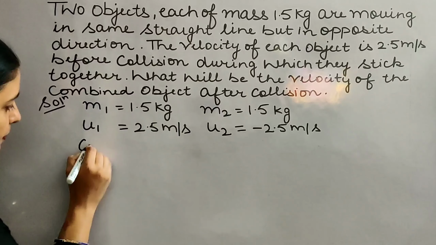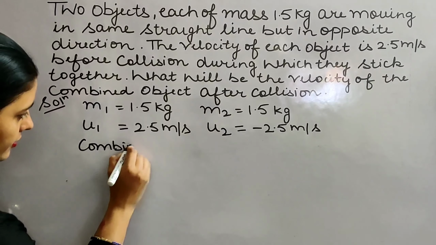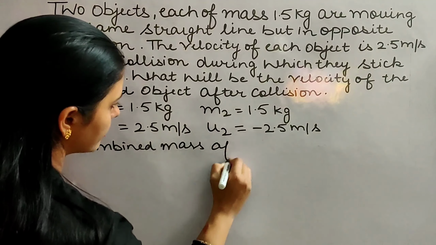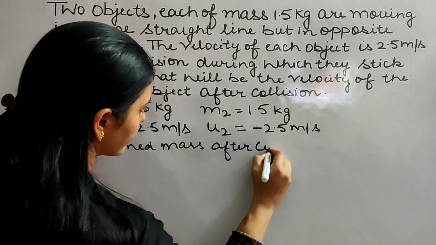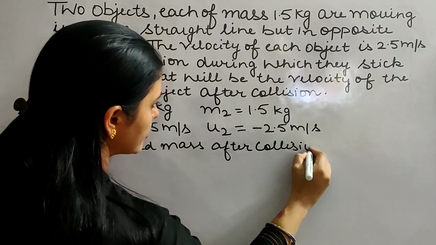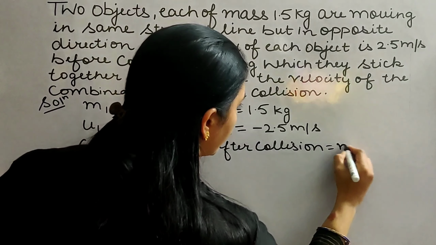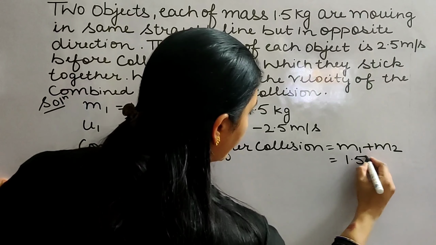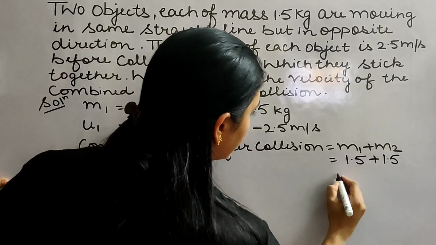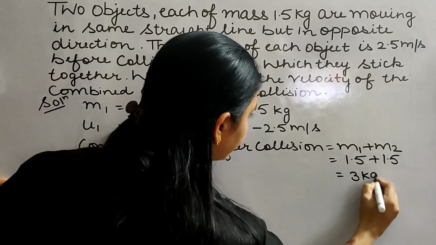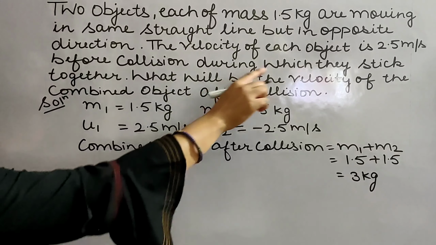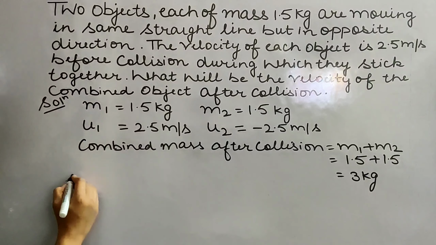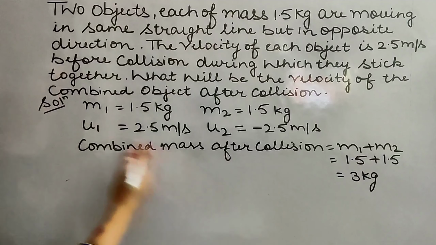That means combined mass after collision is m1 plus m2, that is 1.5 plus 1.5, 3 kg. What will be the velocity of the combined object after collision? We have to find out the velocity after collision.